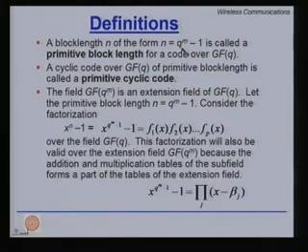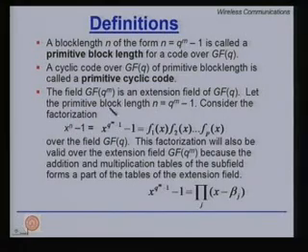It is q raised to the power of an integer m, minus 1. So, if q is 3 and m is 2, n can be 3 raised to the power 2, which is 9, minus 1, which is 8. A cyclic code over GF(q) of primitive block length is called a primitive cyclic code.